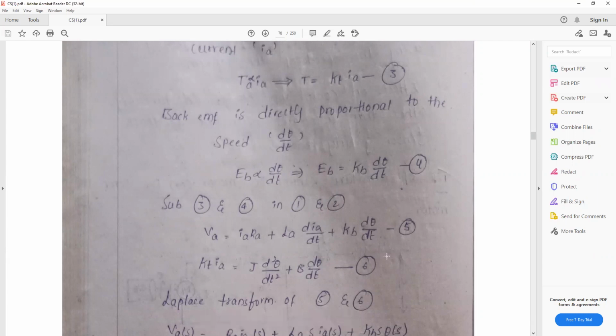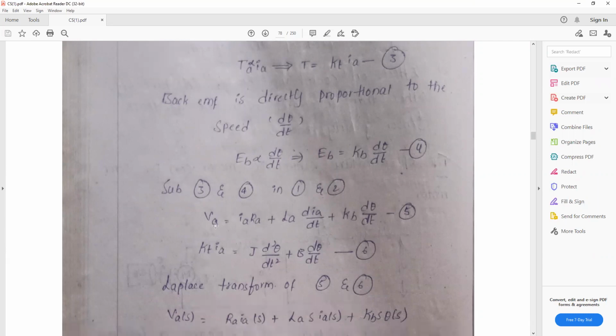Laplace transform of 5 and 6. VA of s equals IA into RA of s plus LA into Laplace transform of d by dt, which is s, into IA of s, plus KB into Laplace transform of d by dt, s into theta of s.